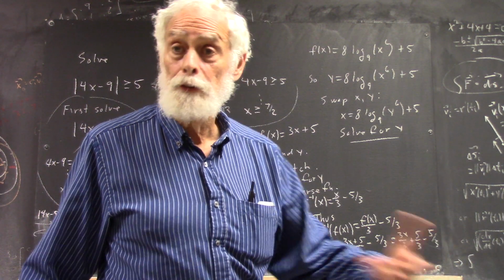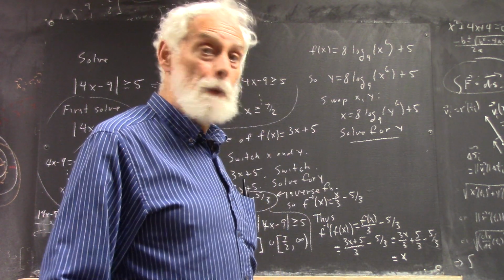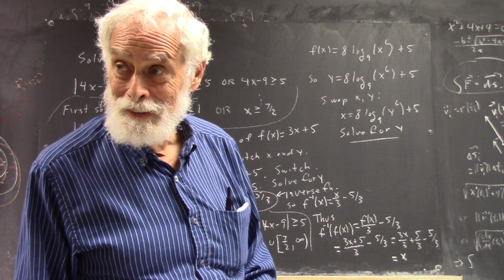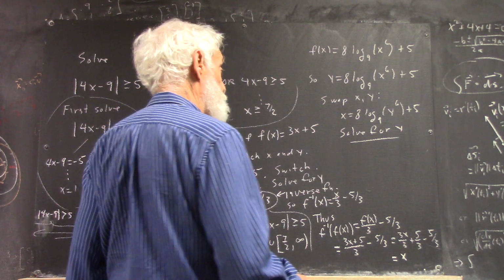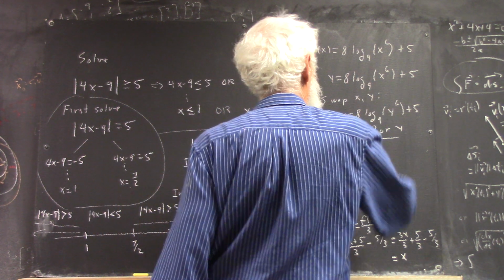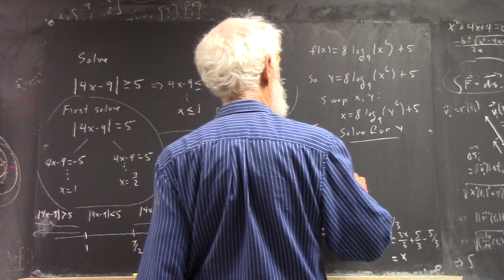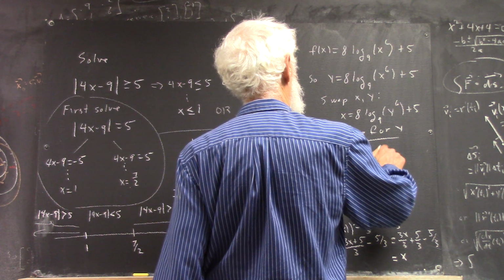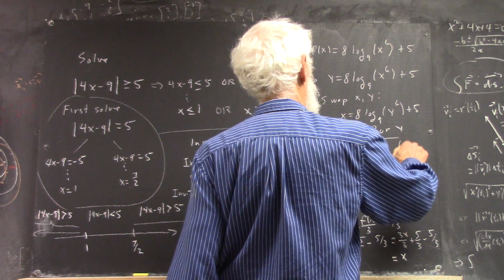And your reflexes on that were pretty good a month ago. And they weren't too bad last time I looked. So that's something you'll understand. Okay? So you get x minus 5 equals 8 log base 9 of y to the 6th.